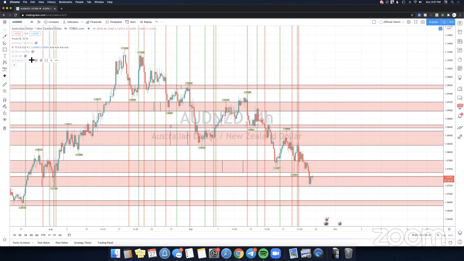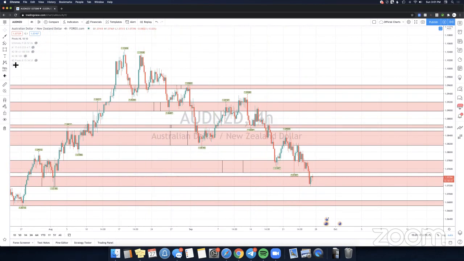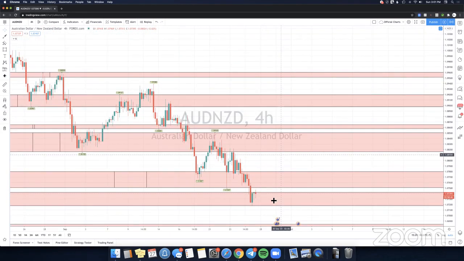So let me just give you guys the parameters for these zones. I'll give you this upper zone right here, which is going to be 1.07510. And then this lower zone right here, which is going to be 1.07178.